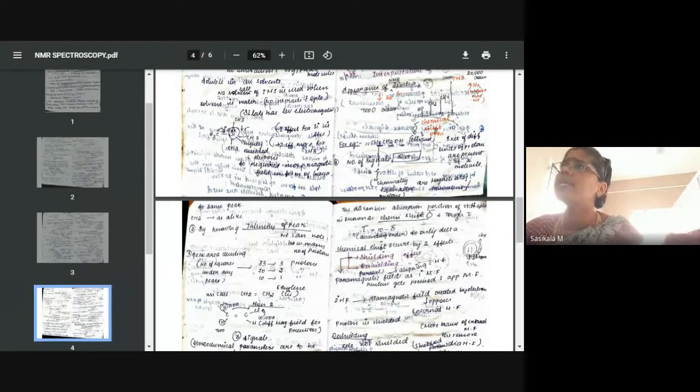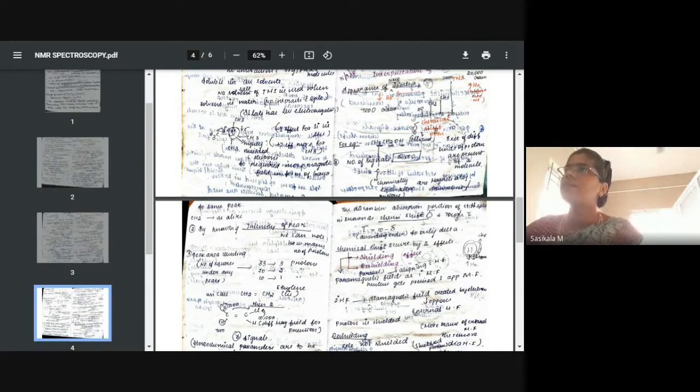Why are CH3 protons giving signals towards TMS? It is near to TMS, and it is giving the signal since it requires high magnetic strength. I told you already that at 0 parts per million, magnetic strength will be high. So for CH3, magnetic strength will be high, whereas CH2 requires somewhat less energy for resonating with the frequency. Likewise, OH requires very little magnetic field for resonating with the frequency.